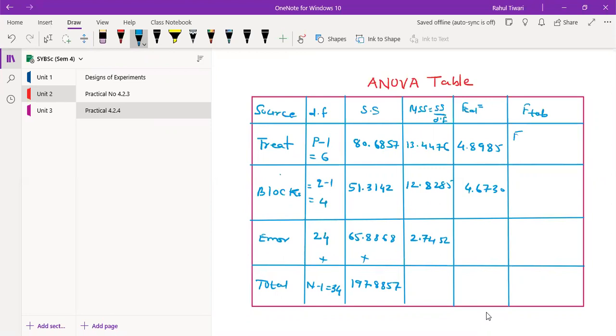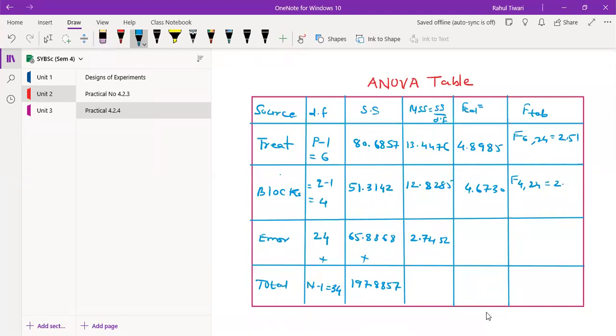This is F6 comma 24. How much is it? That is 2.51, and F4 comma 24, which is 2.60 or 2.78. Just confirm this.